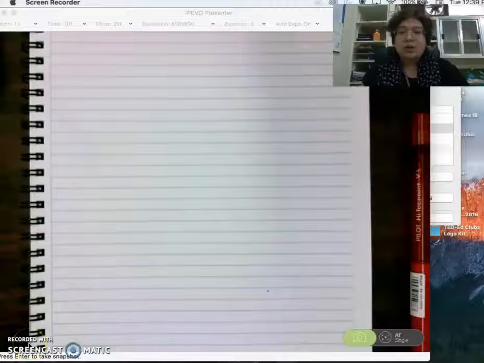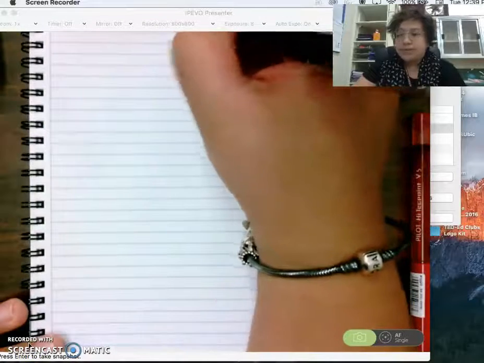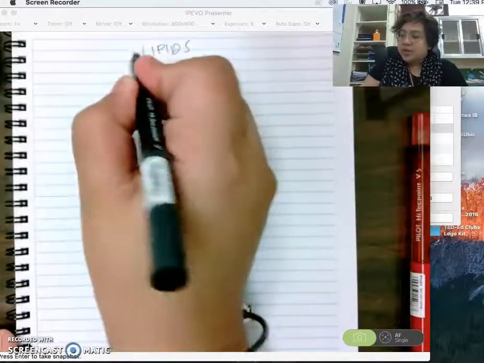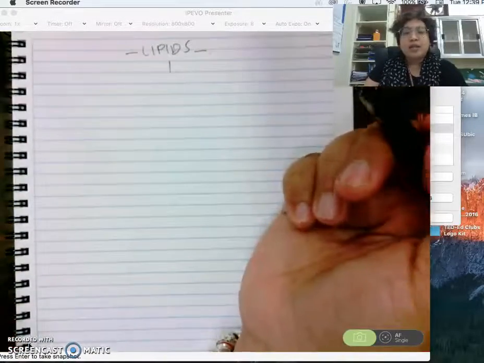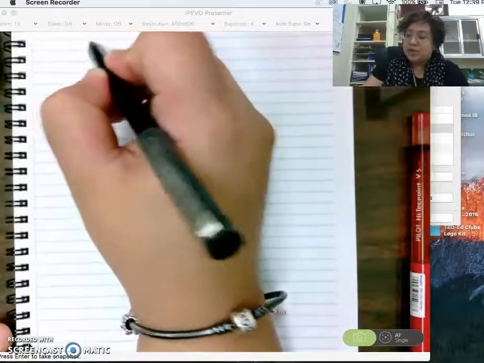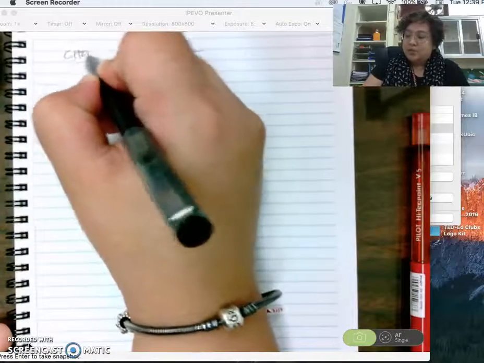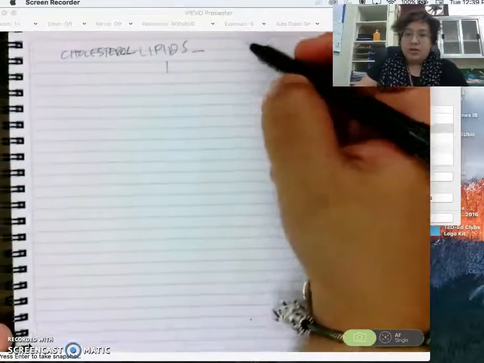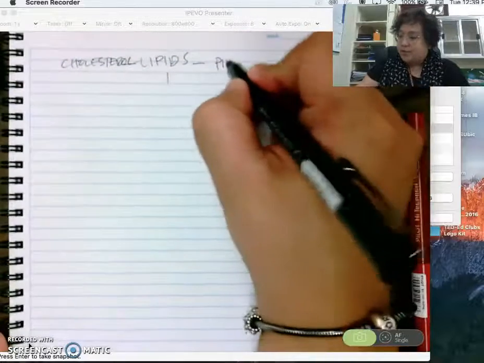Okay, so let's talk about the structure and functions of your lipids. Alright, here we go. There's actually at least three different types of lipids. One is cholesterol, and you have phospholipid.